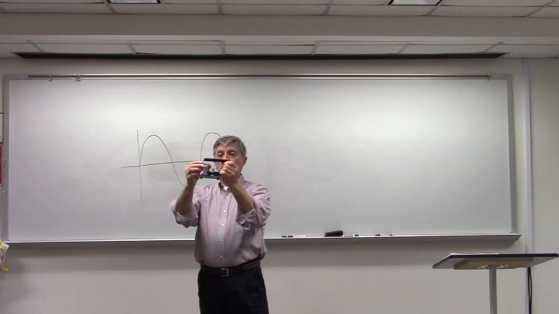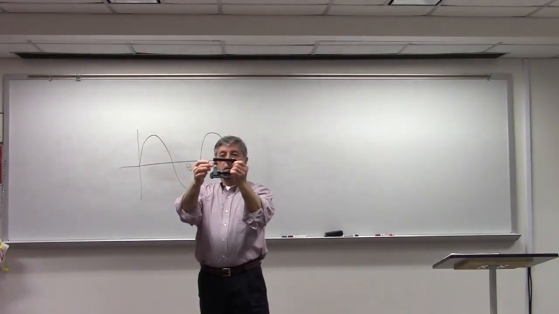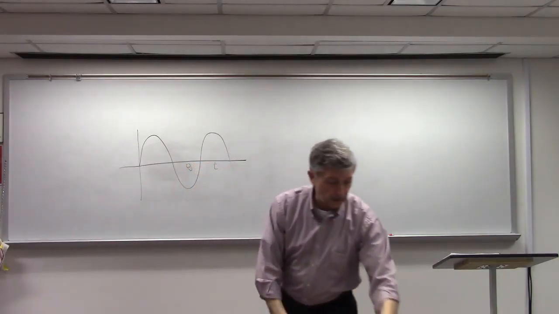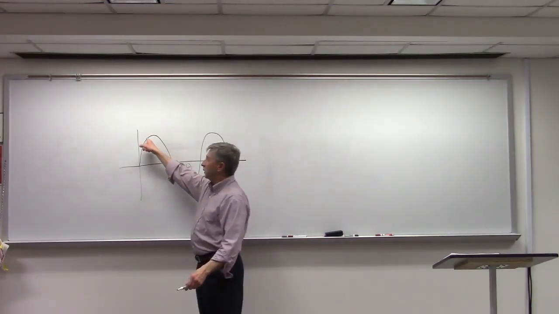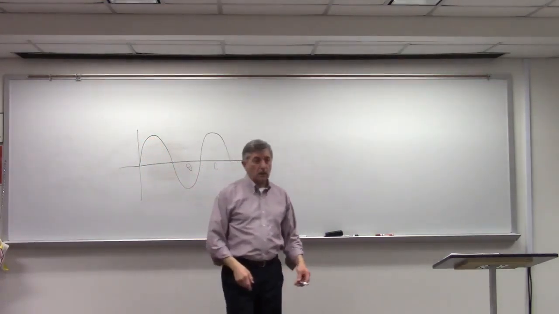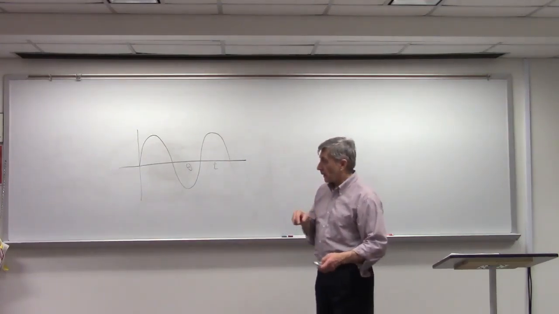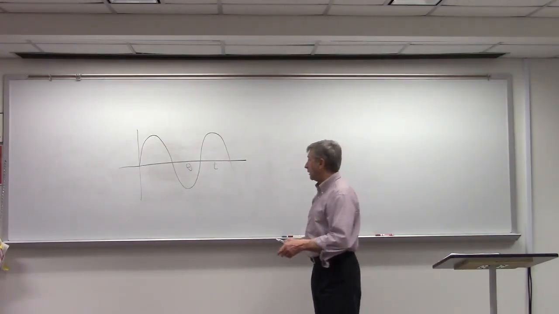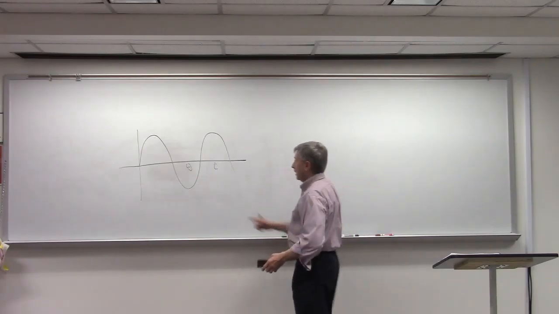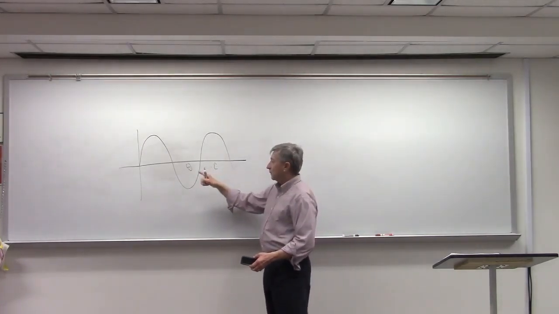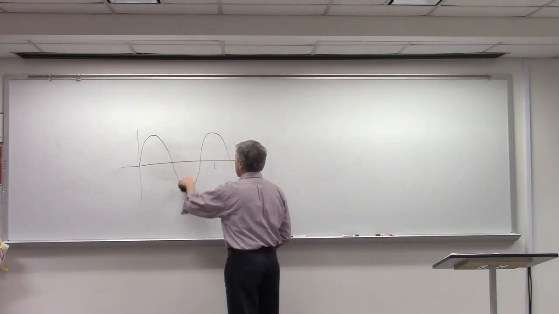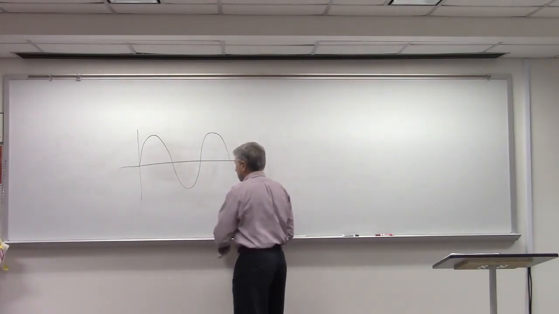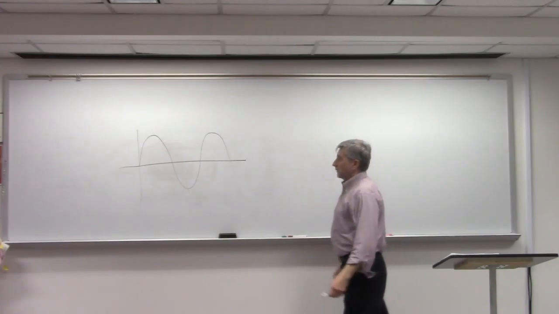So every one of those angular positions, if you just stop it in time, corresponds to a point on the sine wave. So sometimes you'll see the x-axis expressed in terms of time, and sometimes in terms of an angle. Regardless, you've got a sine wave.